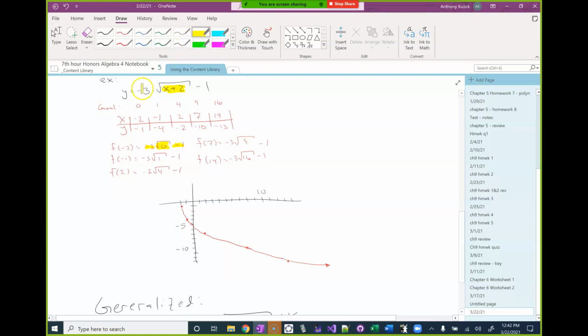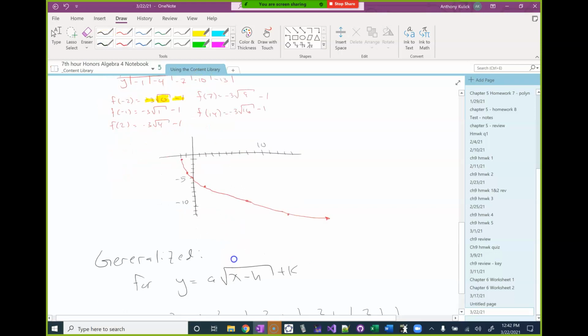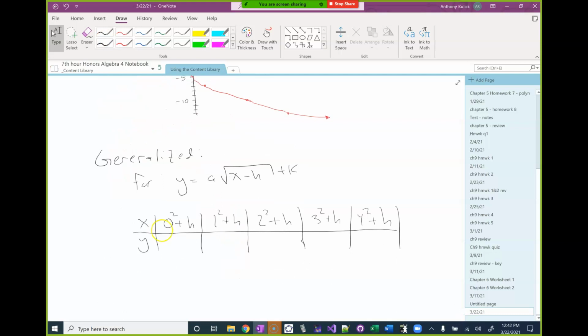That was this constant at the end. So what we really have here is a times 0 plus k, and then a times 1 plus k, a times 2 plus k, a times 3 plus k, and a times 4 plus k.